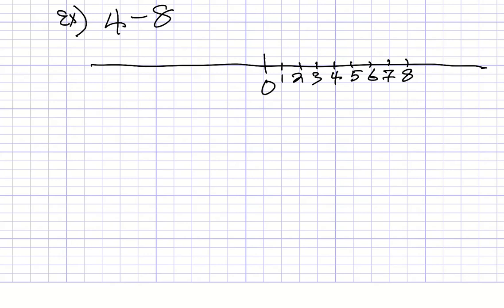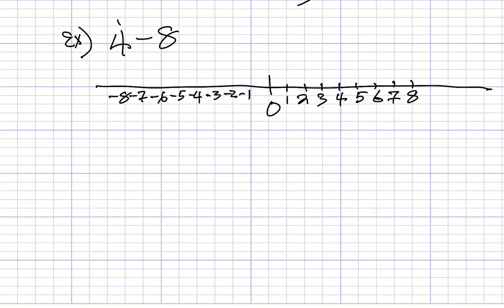You go the other direction too: -1, -2, -3, -4, -5, -6, -7, -8. I just want to make sure we have enough numbers. Okay, then you go from 0.